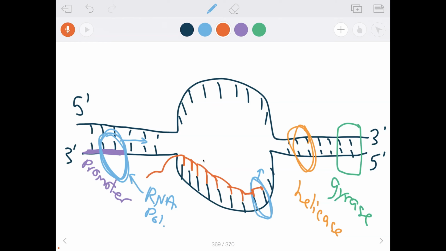So it's building the mRNA strand. And it's going to keep going and building a complementary or matching mRNA strand for as long as the gene of interest is. So if it's 500 nucleotides long, it'll transcribe 500 of them. If it's 5,000, it'll transcribe 5,000. Okay? It will transcribe the whole thing.